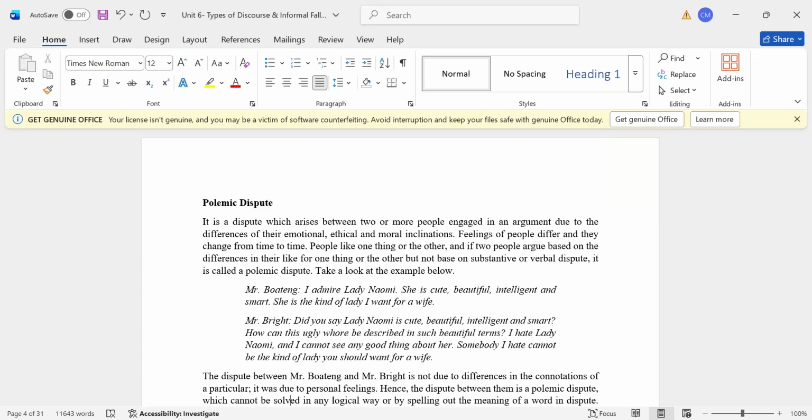So you see a lady, you like her, she is beautiful to you in your eyes, because I'm sure you can get along with the adage that beauty lies in the eyes of the beholder, not in everybody's eyes.